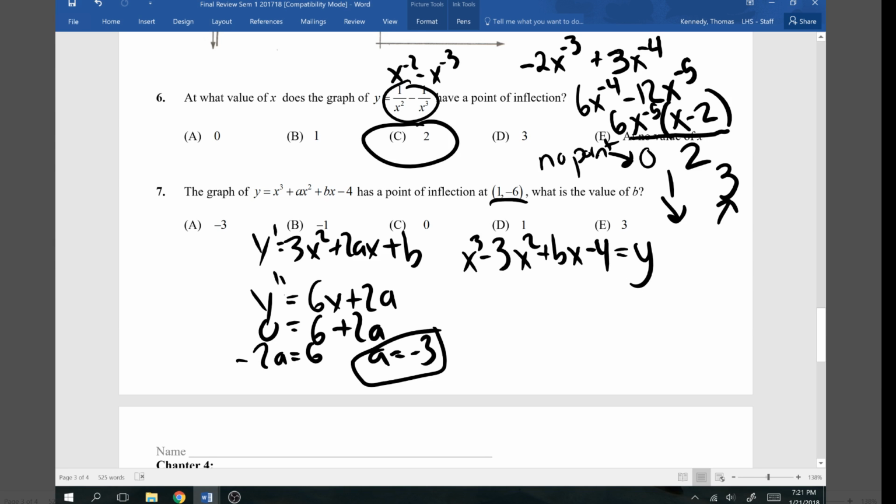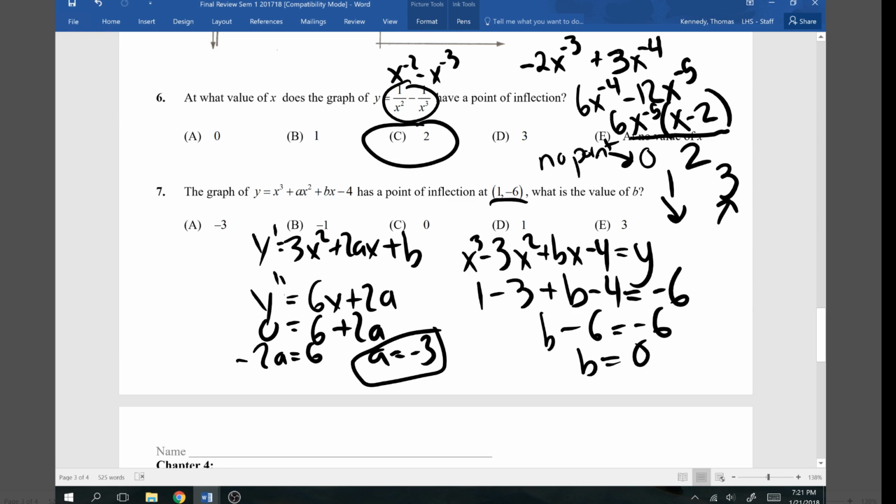I plug in 1 and -6, and I get 1 minus 3 plus b minus 4 equals -6. So then I just get b minus 6 equals -6. I add 6 to both sides, and I get b equals 0. Which is the right answer. All right, feels good, man. Haven't messed anything up yet.